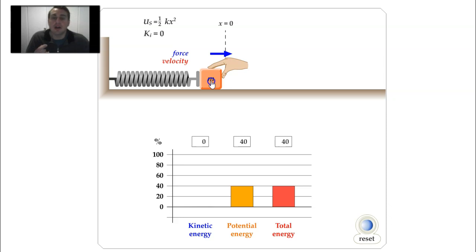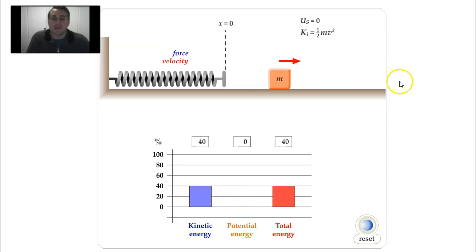When we let the mass go, all the potential energy becomes kinetic energy. So we transfer potential energy to kinetic energy by doing work. The spring force is to the right, the displacement is to the right, the spring does positive work on the mass to cause the mass to accelerate and gain kinetic energy.